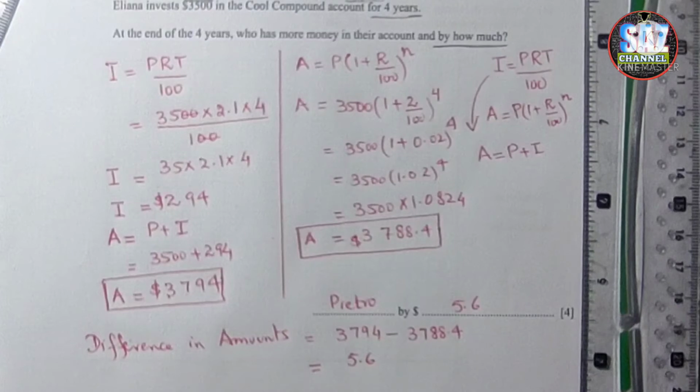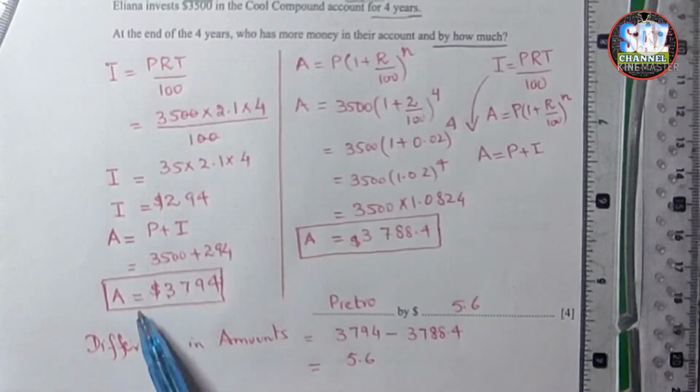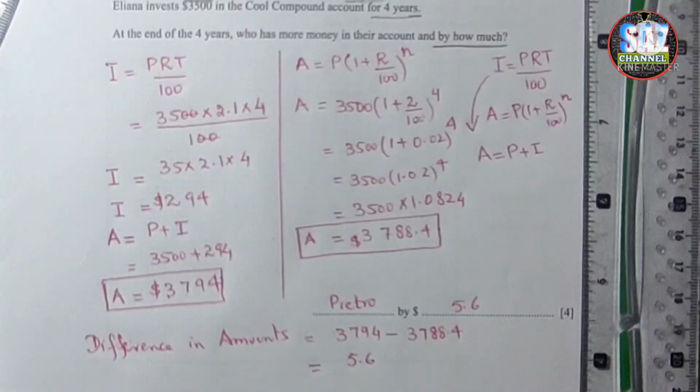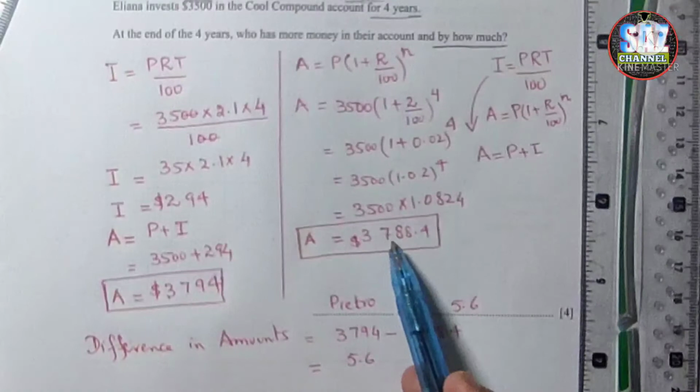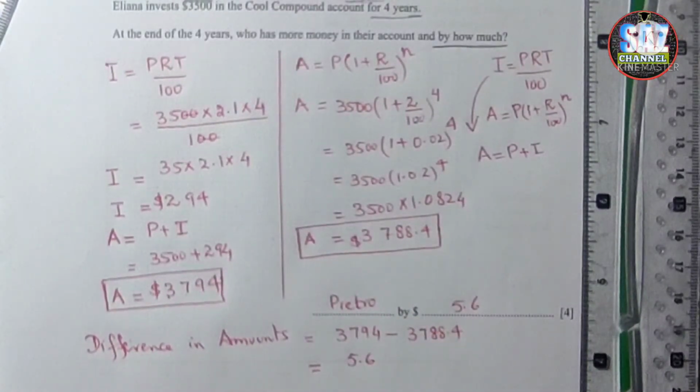3,500 plus 294 gives me 3794, and 1.02 raised to power 4 is 1.0824. 1.0824 multiplied by 3,500 gives me 3788.4, and then I have to take the difference, 3794 minus 3788.4, which is 5.6.